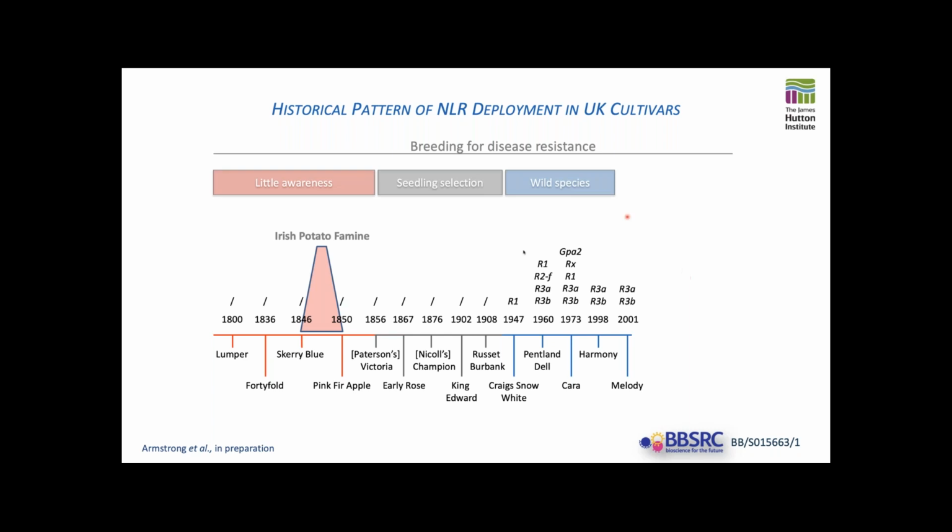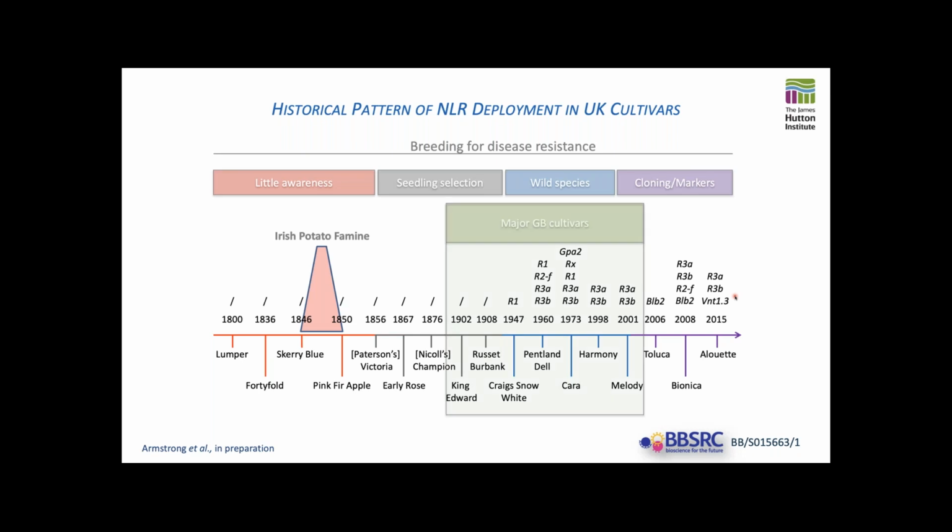We also see cultivars that have GPA2 and RX being introduced in them. And then with the availability of good genetic markers and cloning becoming easier, we actually see other resistances such as BLB2 and VNT1 coming in cultivars. So there is a trend that we see new resistances coming through.